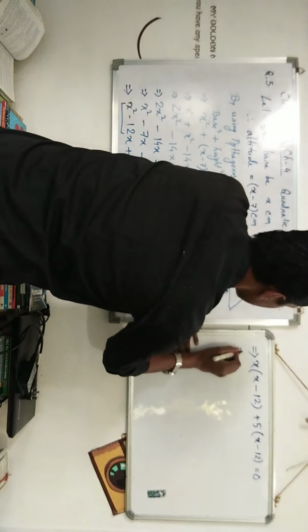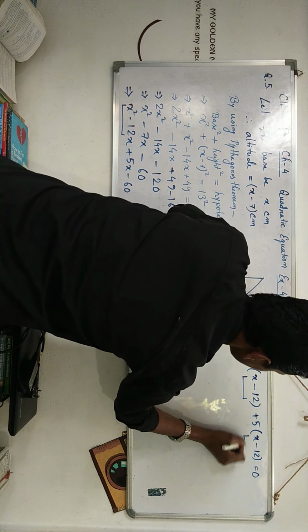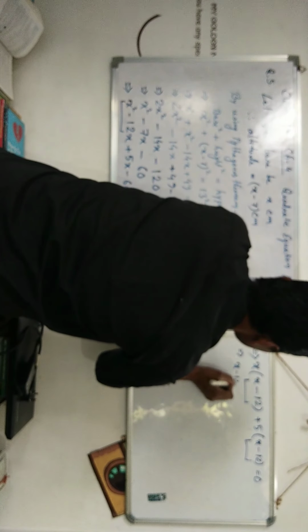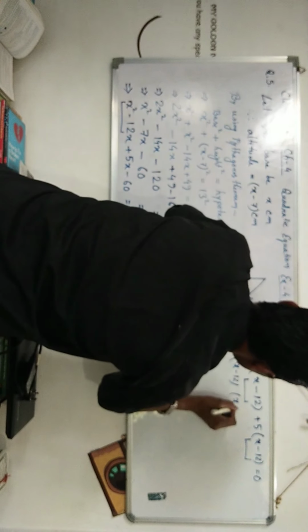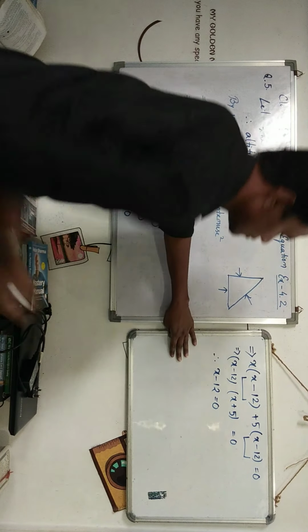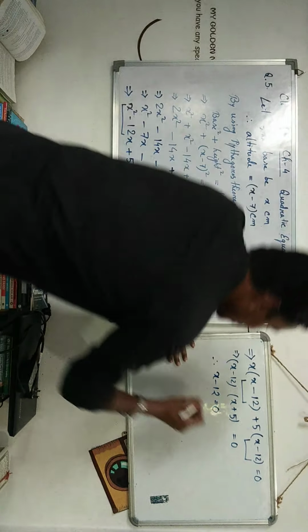So again I can take x minus 12 common: x minus 12 whole into x plus 5 is equal to 0. Therefore either x minus 12 is equal to 0, or x plus 5 is equal to 0.